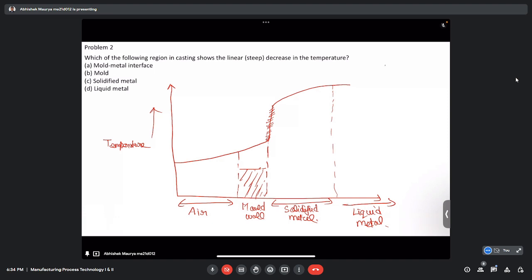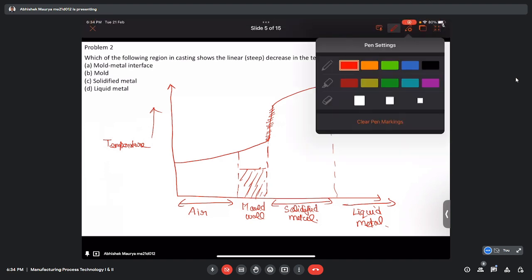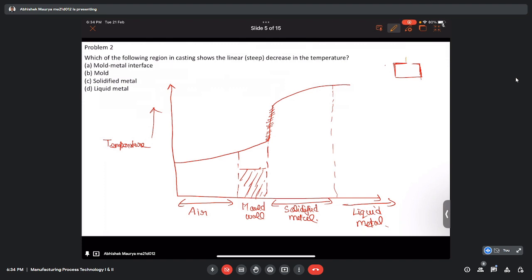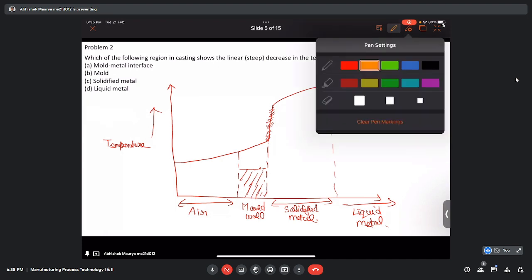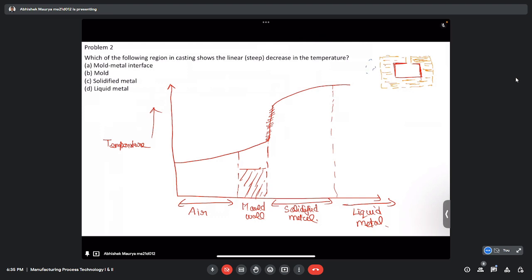Suppose we have a cavity something like this. This is the cavity, and basically there is sand around the cavity, and outside there is air. This is air.